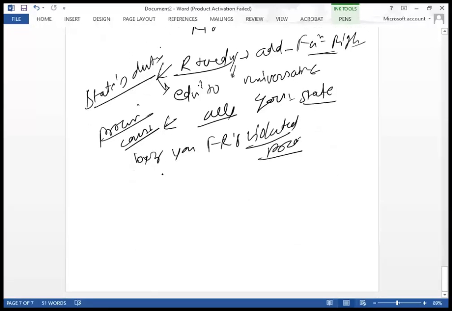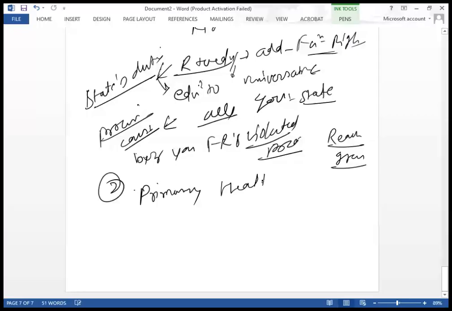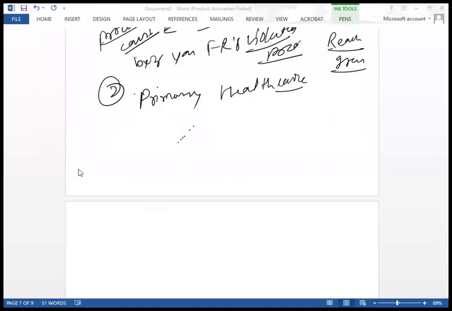Okay. Now the second measure is, definitely, reach. Just remember, reach the grassroots level. How can you reach the grassroots level? This is what the question asks. So the second point will definitely be the primary healthcare system.